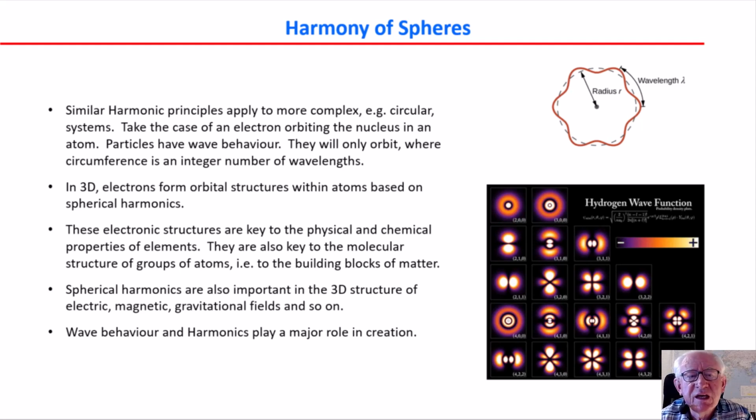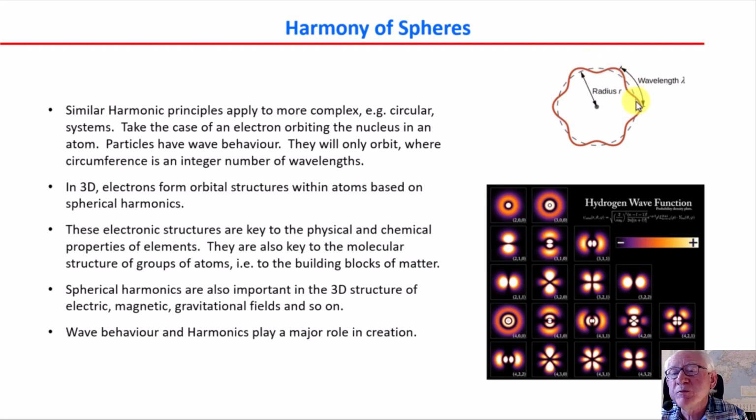So if we take the case of an atom with electrons orbiting around the central nucleus, now all particles have wave behavior. Wave behavior is fundamental to all in creation. Now, as an electron is spinning around the nucleus of an atom, it will oscillate on its pathway around the atom. It will only take up orbits where a fixed number of these oscillations or waves can be accommodated around the path of the orbit.